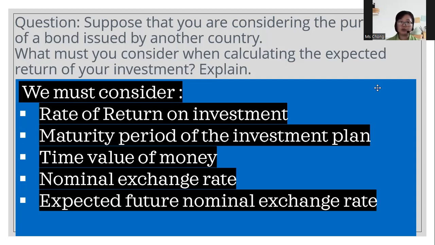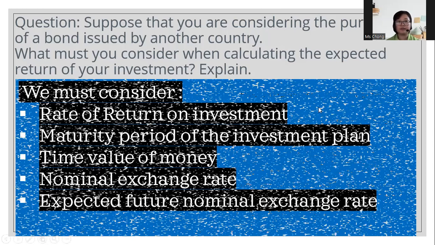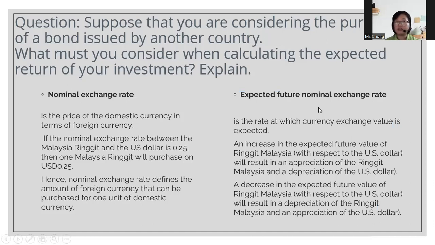Let's go through what is the nominal exchange rate and what are the expected future nominal exchange rates. The nominal exchange rate is the price of the domestic currency in terms of foreign currency.